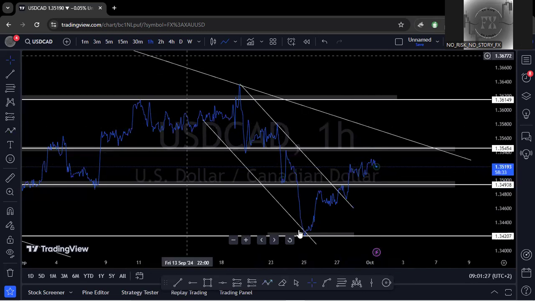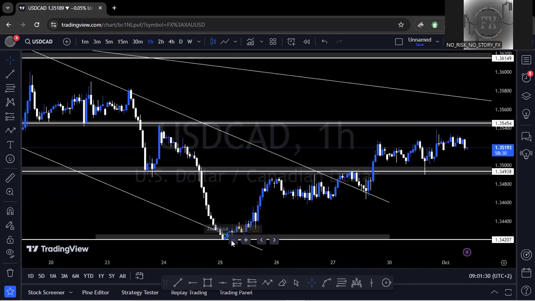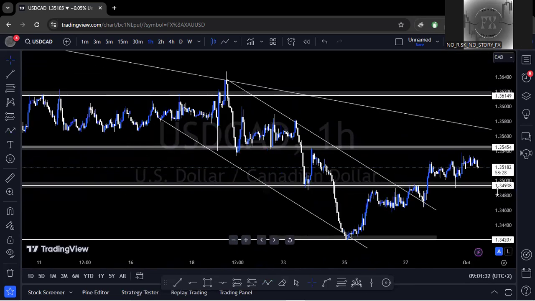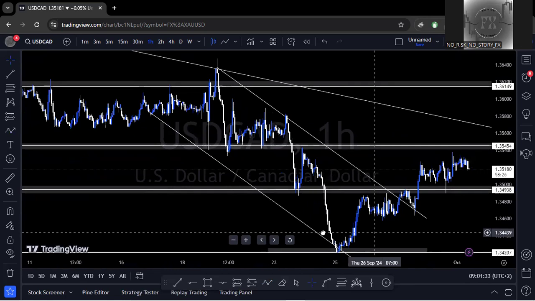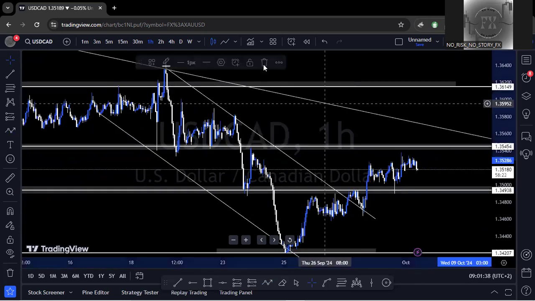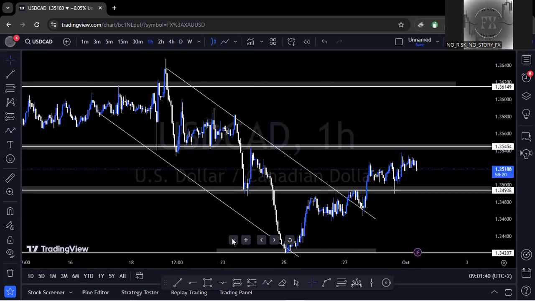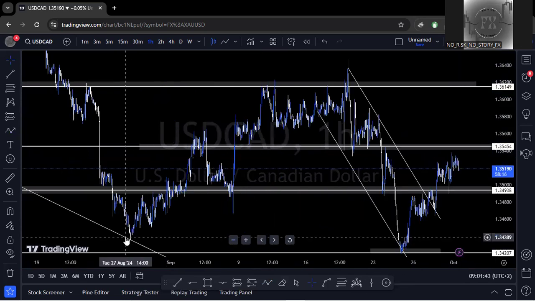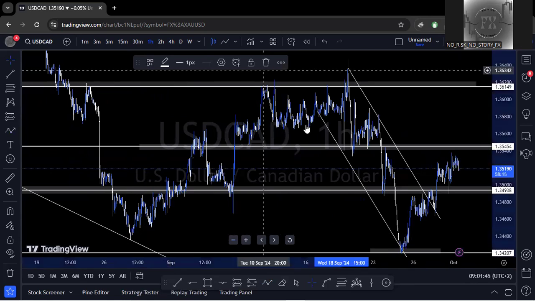I'm going to go to my candlesticks. So since I know that we're on a bearish trend, I no longer need this. I like to remove these ones right here.